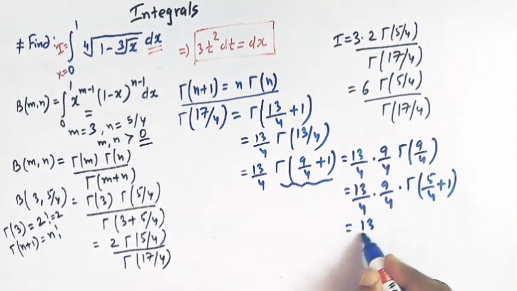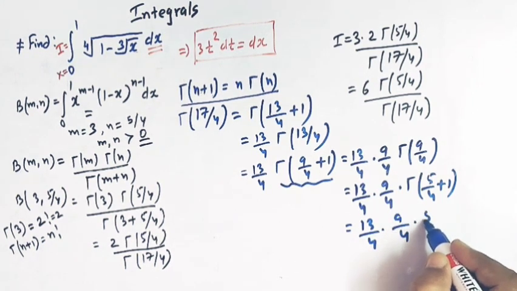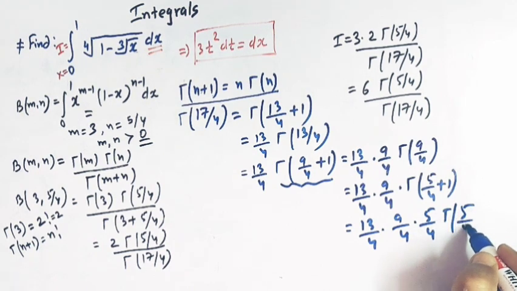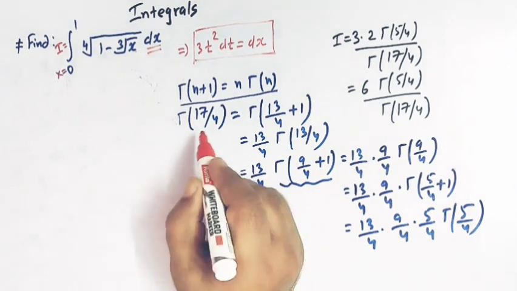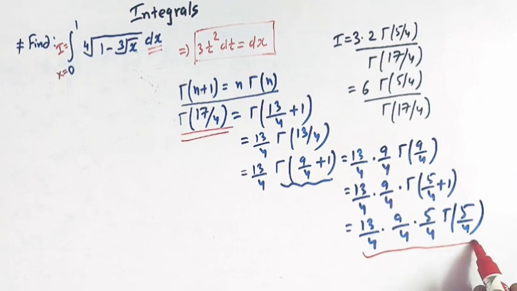So this is 13 over 4 times 9 by 4 times 5 by 4 times gamma of 5 by 4, right? So viewers, the value of gamma of 17 over 4 is given by this expression.